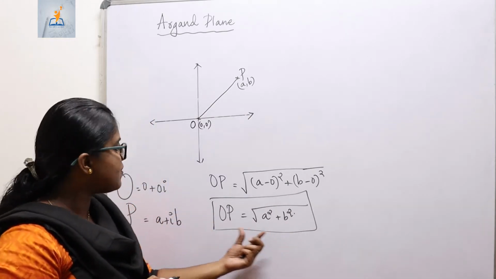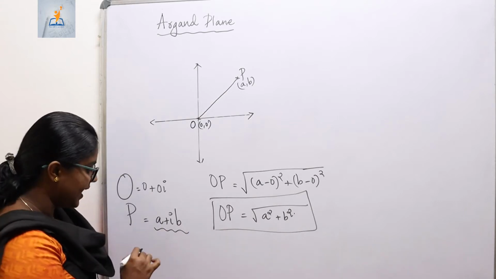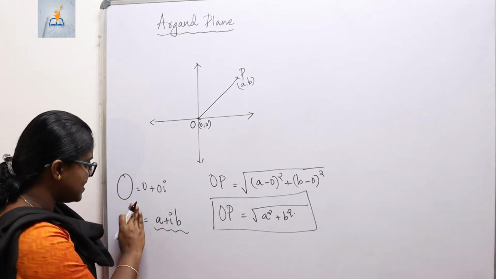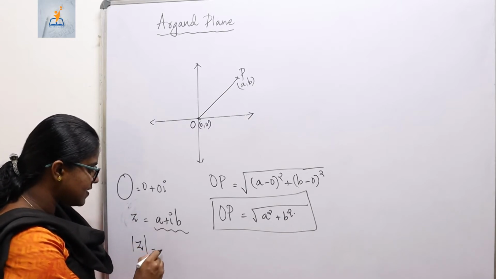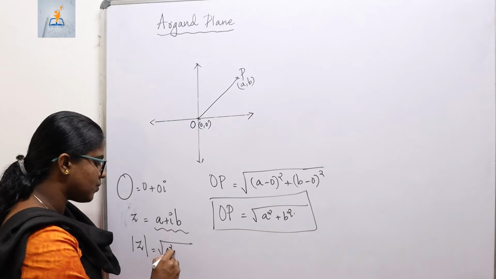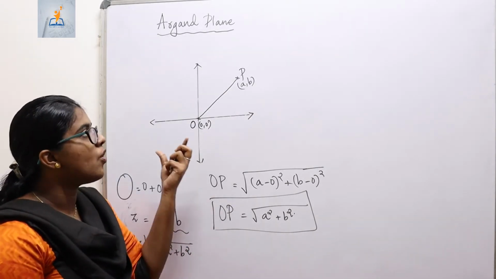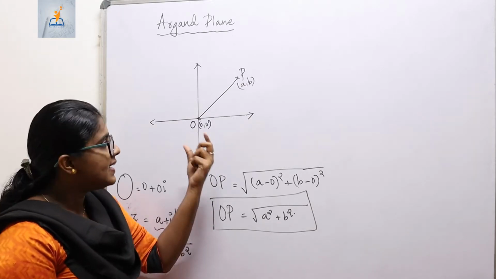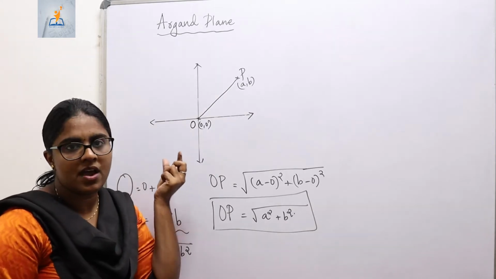And we know that for any complex number of the form a plus ib, its modulus, if z is equal to a plus ib, then mod z is square root of a square plus b square. So the modulus of a complex number is the distance of that complex number from the origin.